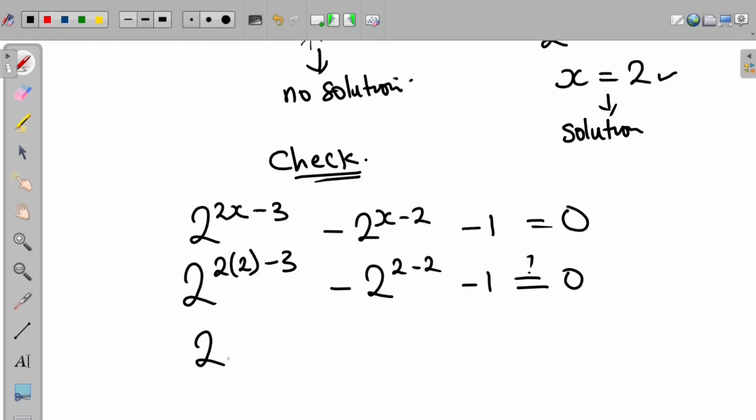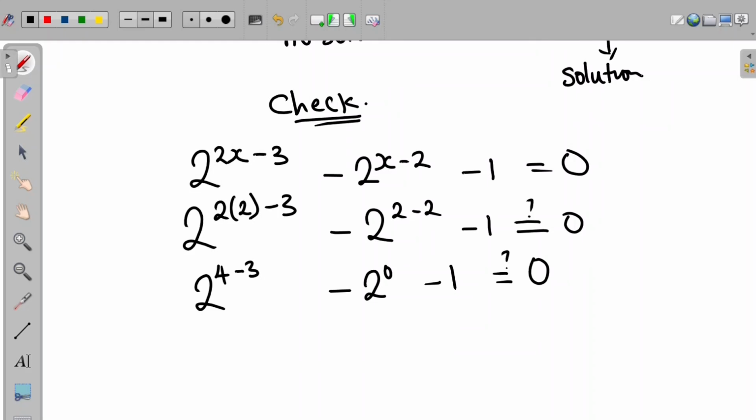So this is 2 raised to the power of 2 times 2 is 4, minus 3, minus 2 minus 2 is 0. So 2 raised to the power of 0, minus 1 equal to 0. So 4 minus 3 is 1.